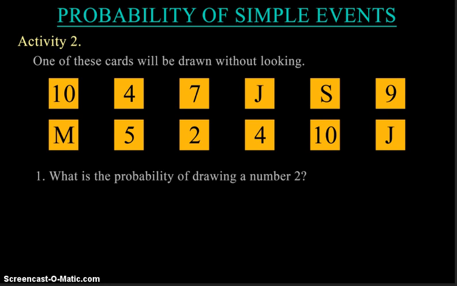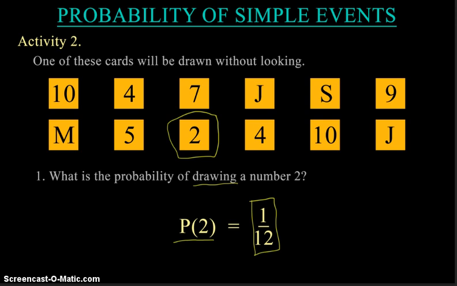Okay, question number 1. What is the probability of drawing a number 2? So, ilan ba yung number 2 natin dito? Okay, so isa lang. Ito lang ang number 2 natin. So, the probability of drawing or picking number 2 is equal to 1 by 12.